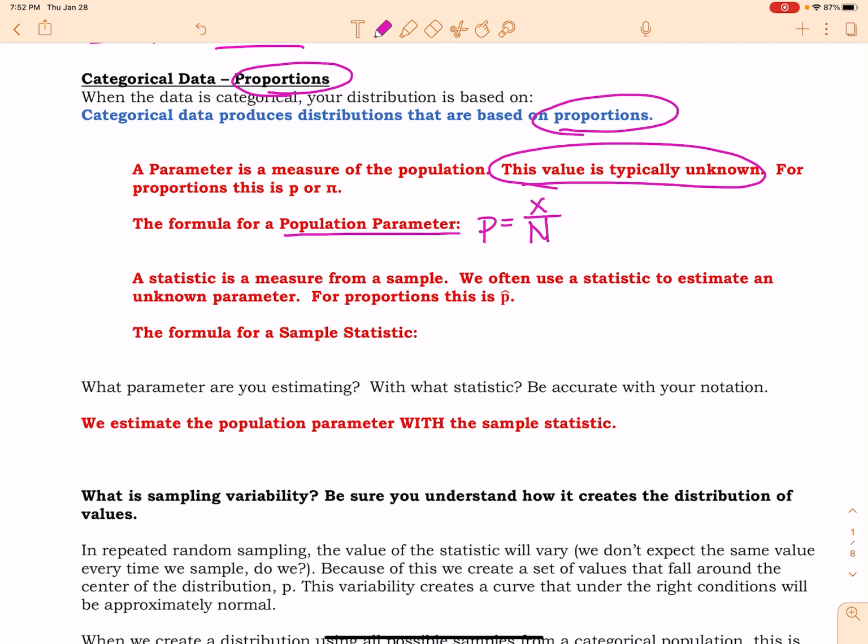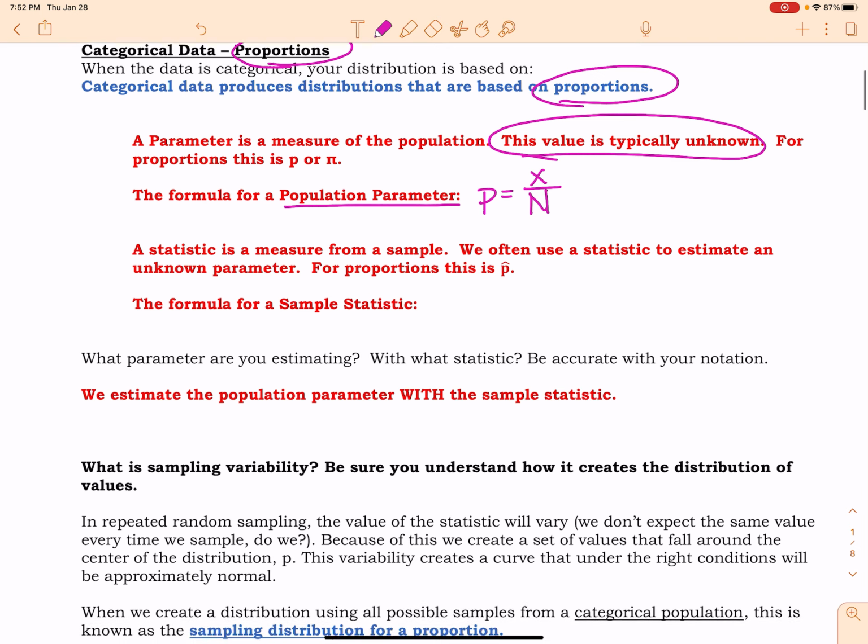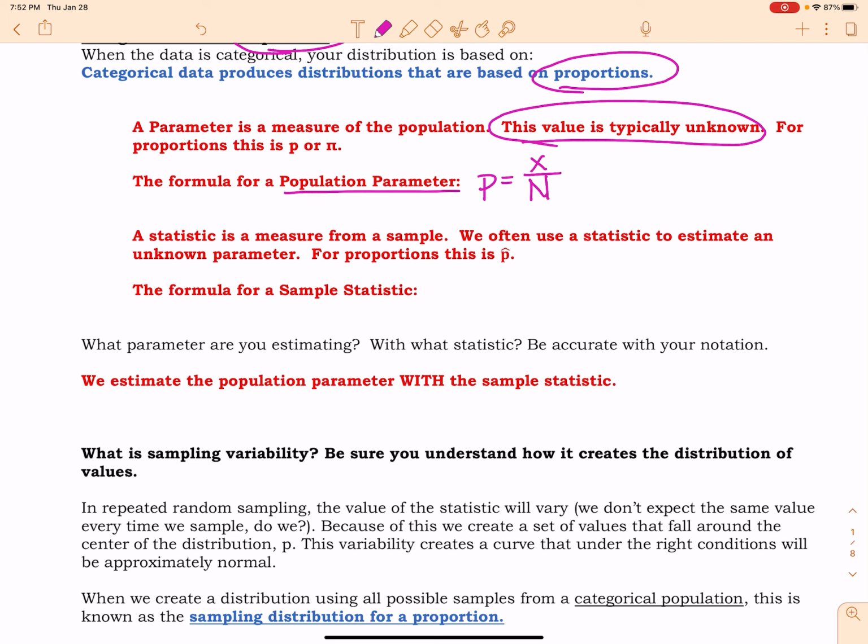Since we often don't know that, we often use a statistic from a sample that we feel is large enough, based on certain conditions that are met, to represent that whole population. And when you're taking a sample, it's just easier to manage, really.